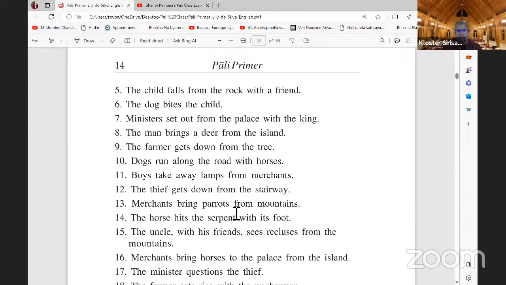Merchants bring parrots from mountains. Aharanti means bring. Vanija, the merchants; pabbatehi, from mountains; sue, parrots. Is that clear?